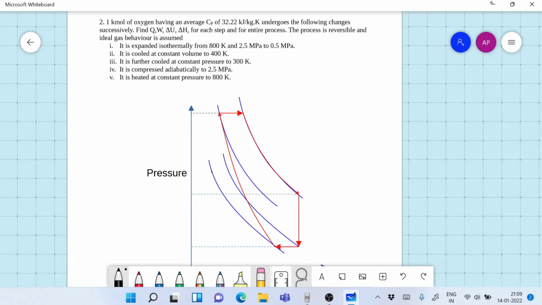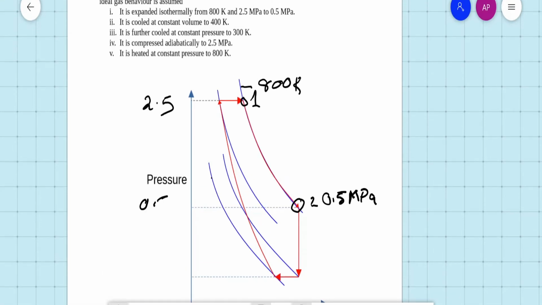The process number 1 is expanded isothermally from 800 Kelvin, 2.5 megapascal to 0.5 megapascals. So this is 2.5 megapascals and this blue line is the isotherm at 800 Kelvin, and it goes from 2.5 megapascal to 0.5 megapascals.